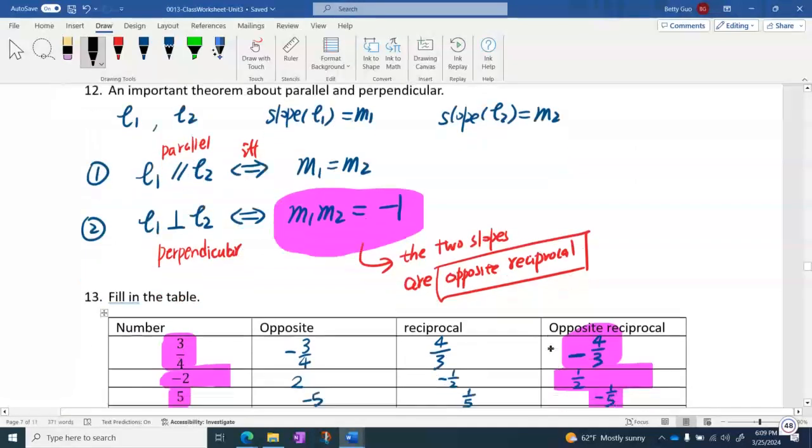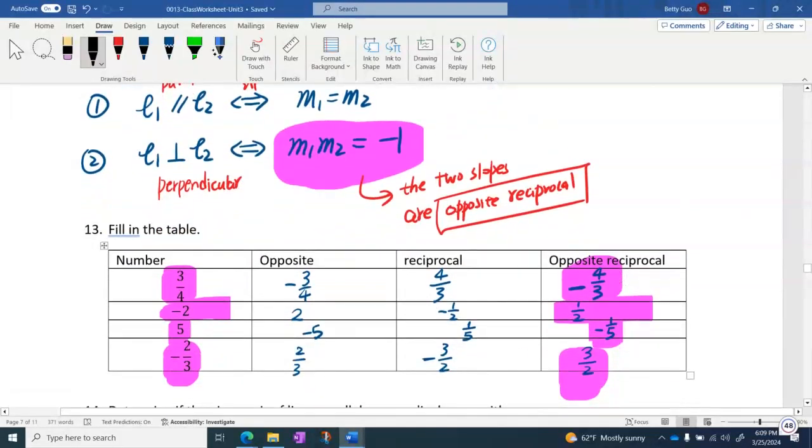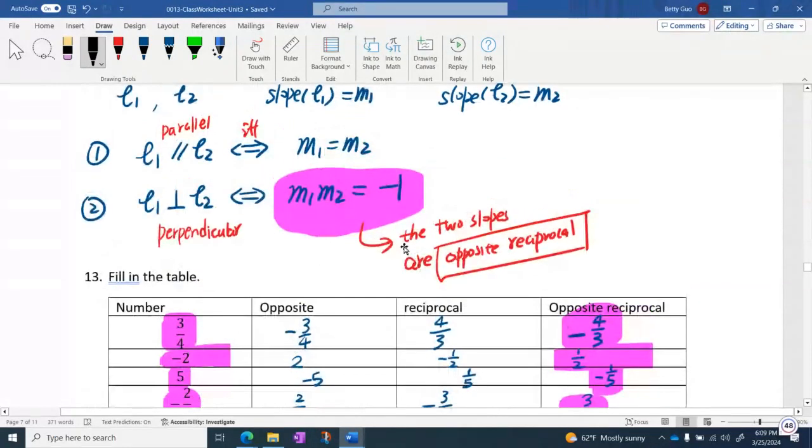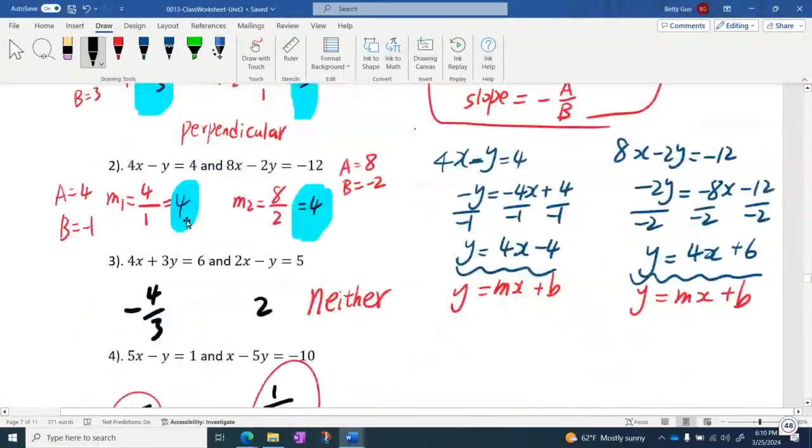What is opposite reciprocal? We studied that through question number 13. If the two slopes multiply to -1, then the two slopes are opposite reciprocals, and their corresponding straight lines are perpendicular. So that's something we're going to use for the next question on the worksheet.